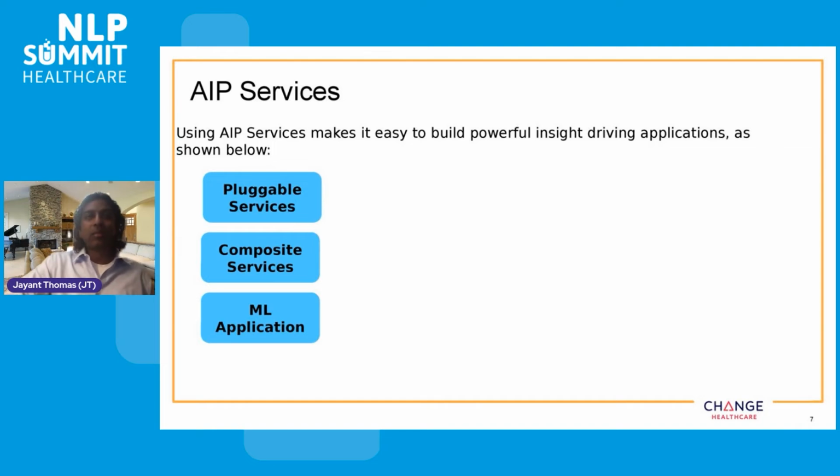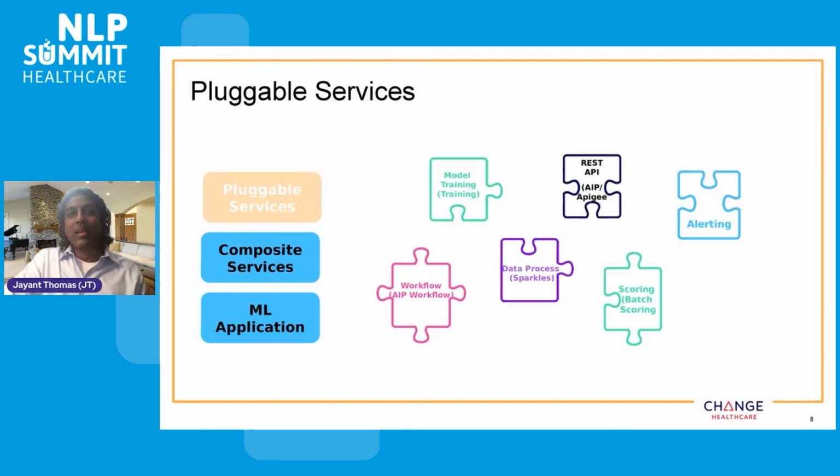And like I mentioned, AIP is a set of services. We call these Lego blocks. It's a set of pluggable services. Then you use those services and create a composite service. And eventually you can create a combination of pluggable services and composite services to create an AI application. You can see here I have a list of pluggable services like a workflow service, a scoring service, training service, batch inference service, or an API service for real-time inference.